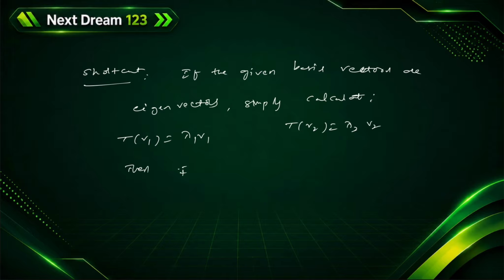Then our matrix with this basis is lambda 1, 0, 0, lambda 2.